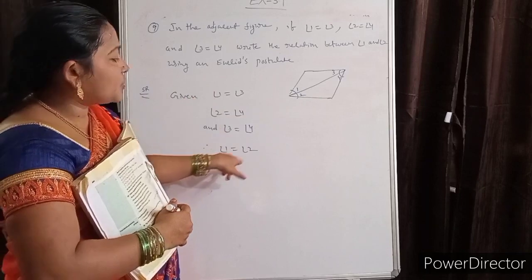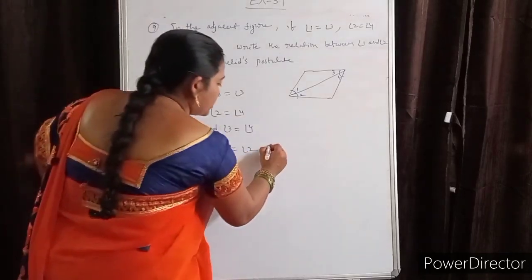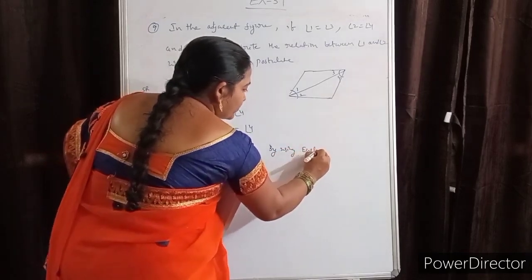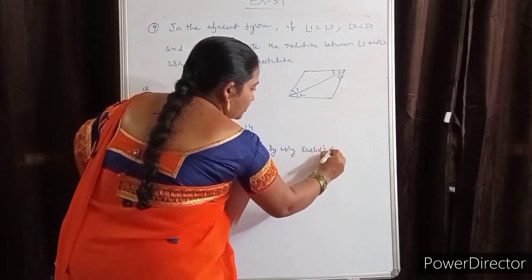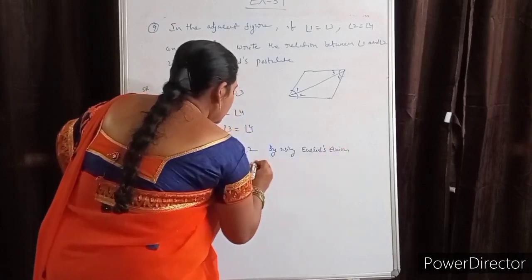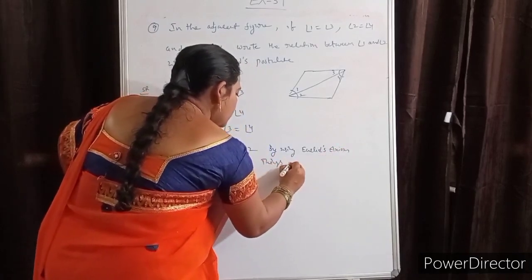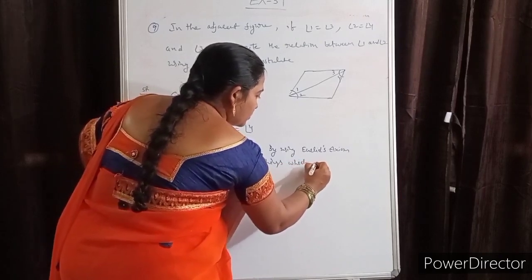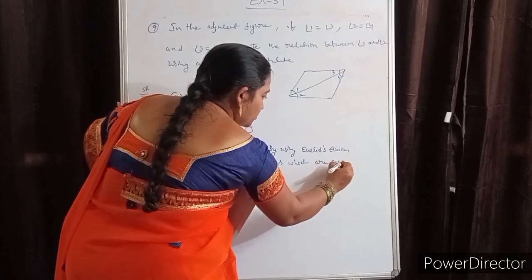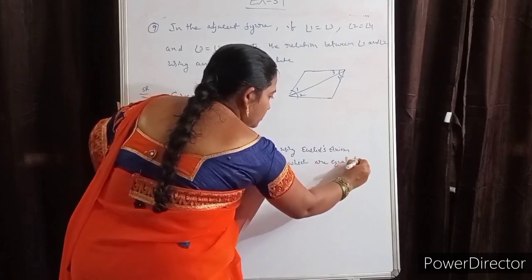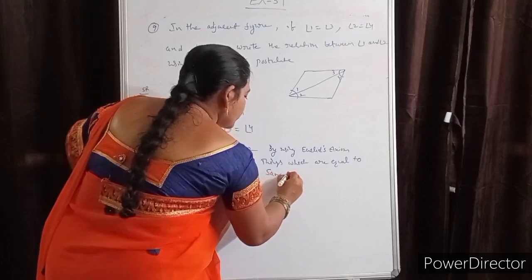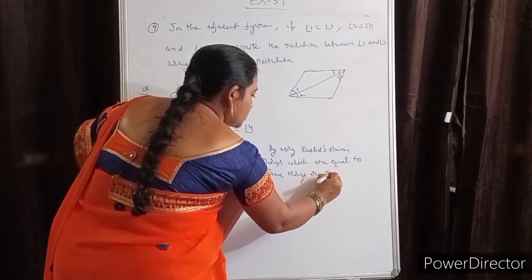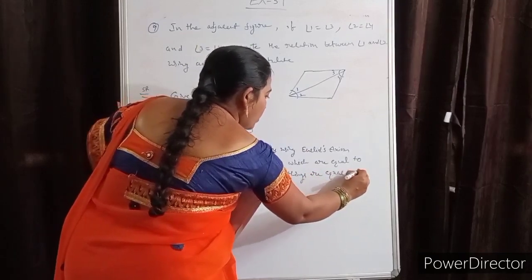Then angle 1 is equal to angle 2, by using Euclid's axiom, things which are equal to the same things are equal to one another.